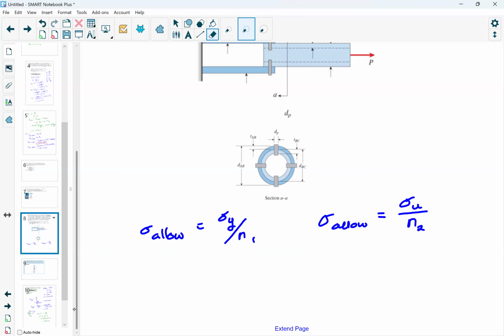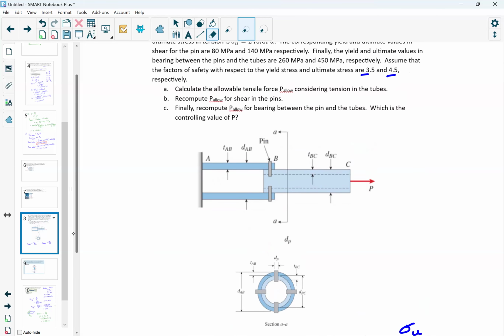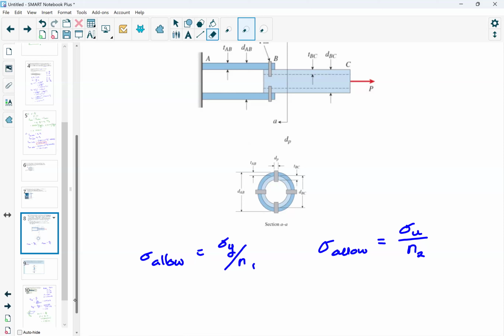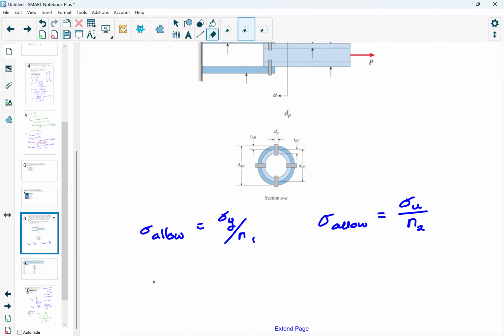Okay, so part A wants to know the allowable tensile force that can occur. That means we know sigma equals P over area. We are given some different values of stresses, and we're going to have some different areas that we need to work with.